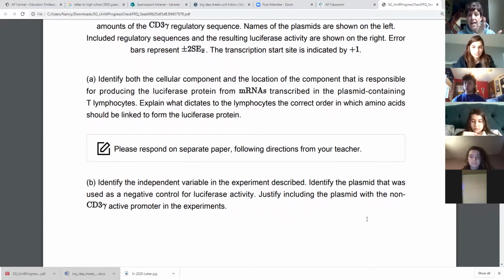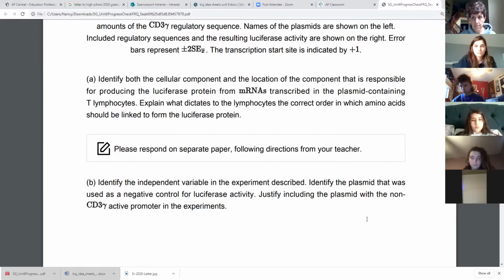This is mRNA. A's, U's, C's, and G's. The order of the A's, U's, C's, and G's make up codons, and those codons call for tRNA anticodons to come in. They carry that specific amino acid, and that is what determines the primary structure, which is the correct order of the amino acids in the luciferase protein.